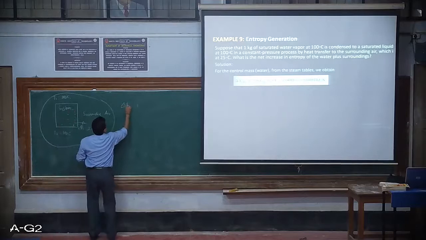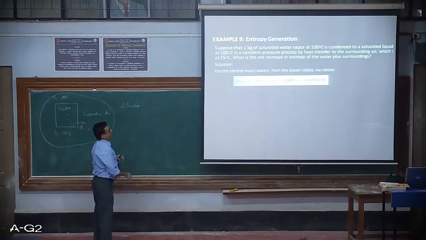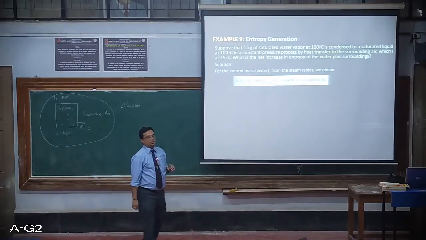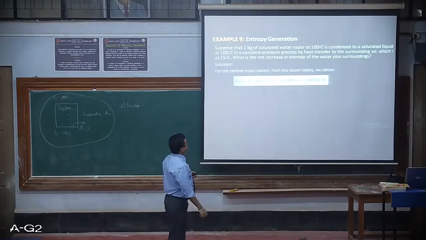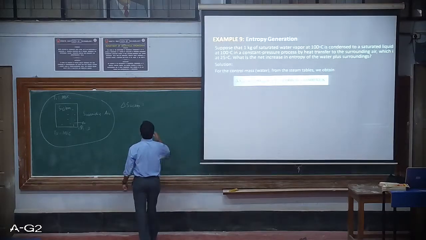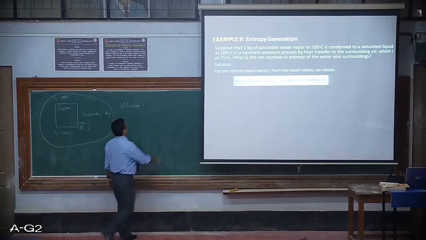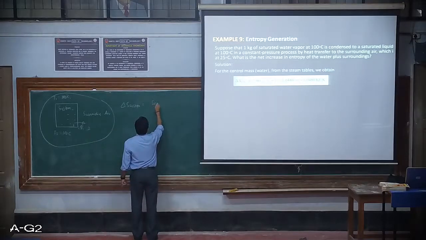What is delta S for the system? The delta S of the system is nothing but water vapor at 100 degrees Celsius. So to find the amount of entropy change, we have already used this equation, which is nothing but SFG.